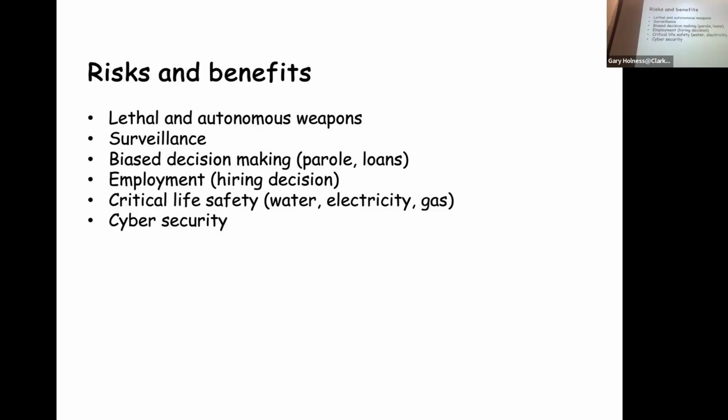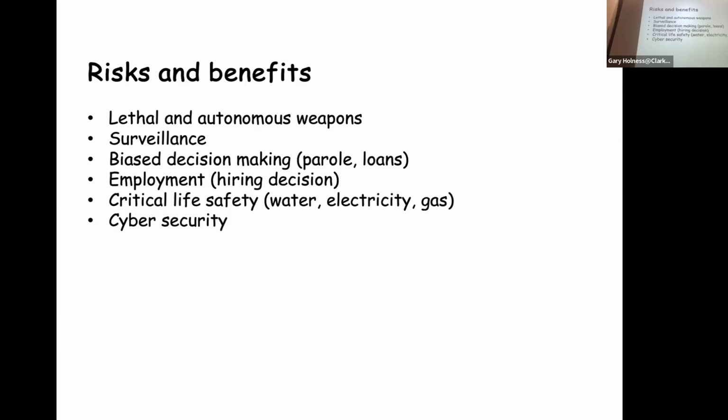There are many risks and benefits to AI. There are some applications in autonomous military vehicles that are controlled by AI, surveillance in following, tracking, and deploying things based on this tracking, decision making. There are AI-based systems that look at loan approval and parole in the court system, right?